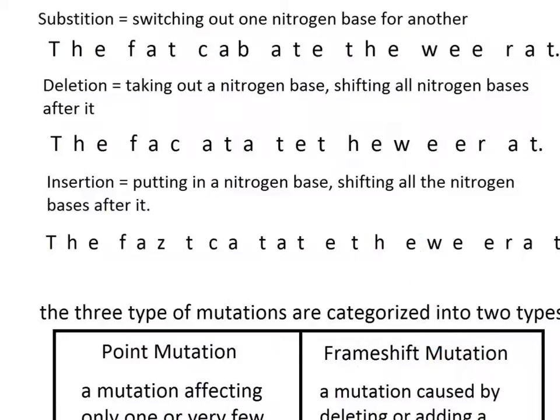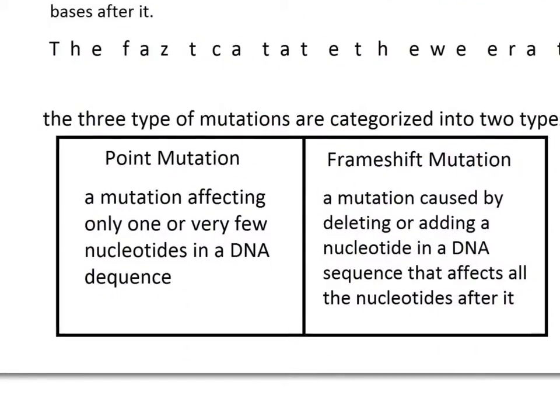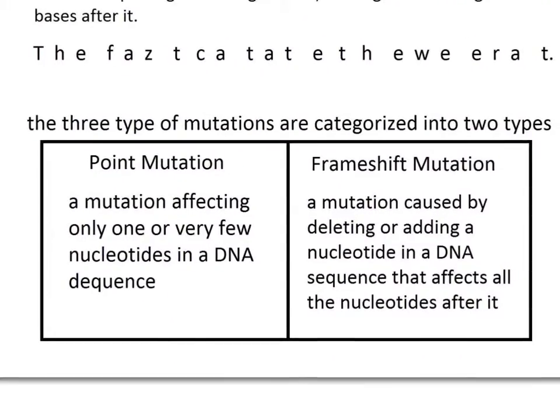Alright, these three mutations, substitution, deletion, and insertion, are categorized into two types. We call them point and frame shift. Point mutation is a mutation affecting only one or very few nucleotides in a DNA sequence.